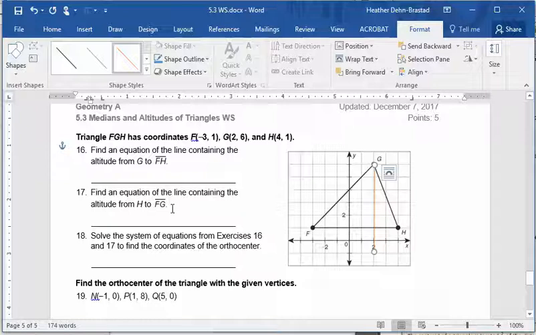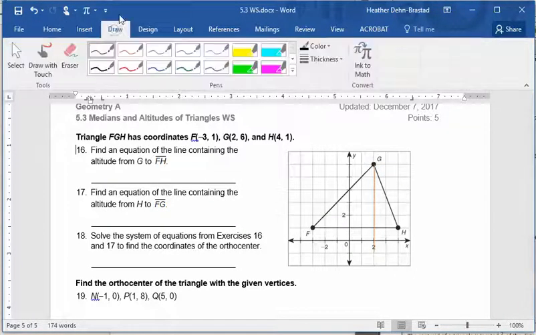Now I need to also find another one. So they suggest finding the equation of the line containing the altitude from H to FG. So to find that, I need to know the slope of FG, because perpendicular will have the slope that is the opposite reciprocal.